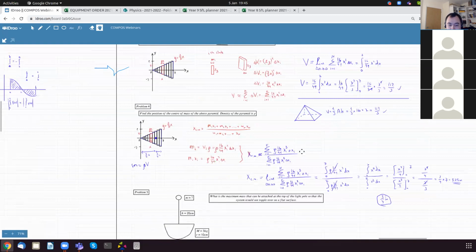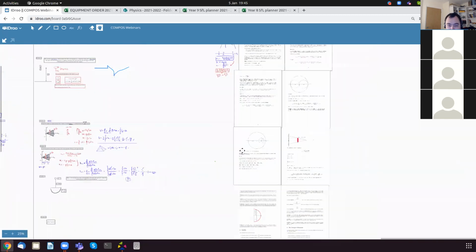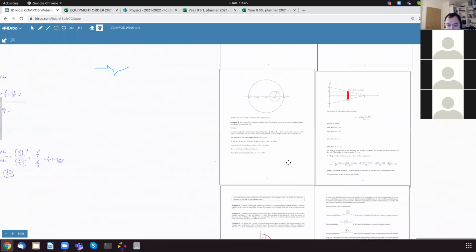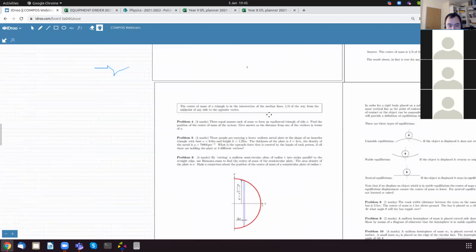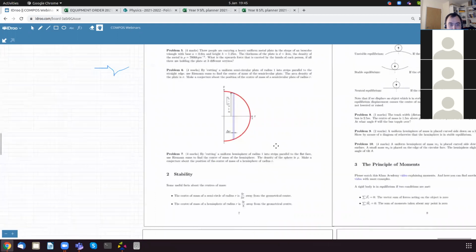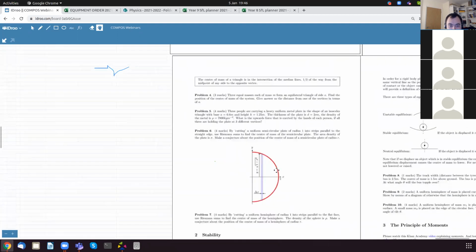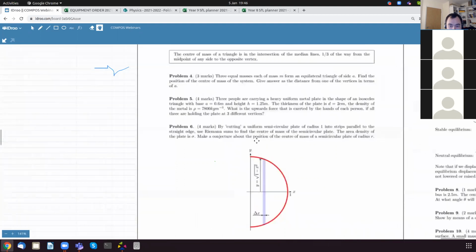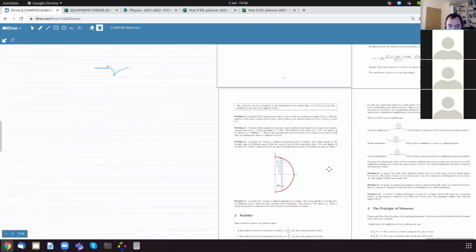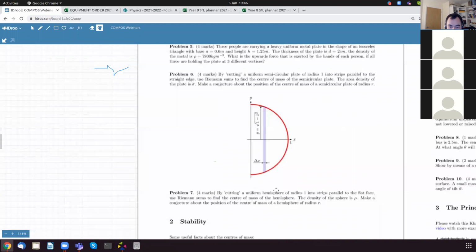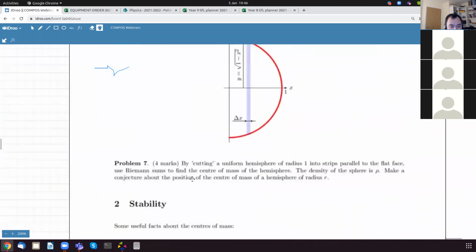Now, one of the questions will be to do the same trick, but with a semicircular block. Problem 7.